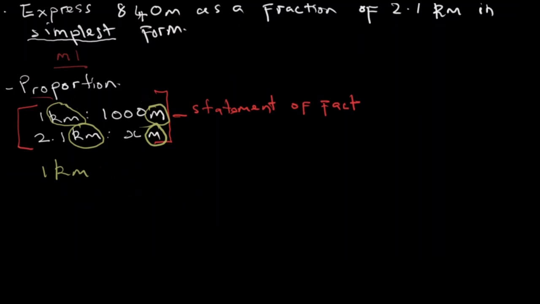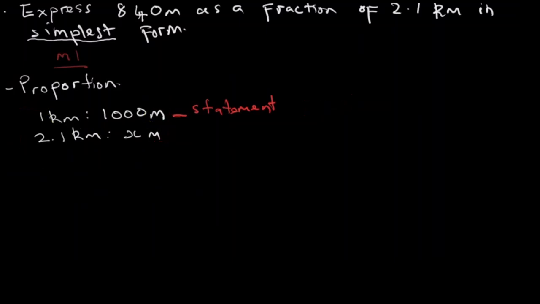And I show you how you conduct proportion in order for you to determine how many meters we find in 2.1 kilometers. After I've written it like this, let me utilize this space.